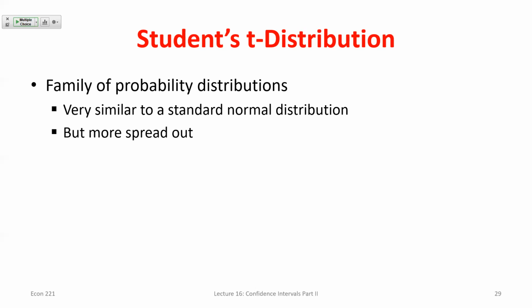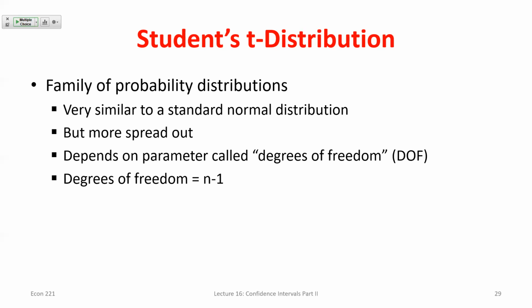As the sample size gets smaller, they're more and more spread out. As the sample size gets larger, that variance gets closer and closer to the standard normal variance of 1. How we identify which student t distribution we're looking at is based on n minus 1, which we'll call degrees of freedom.